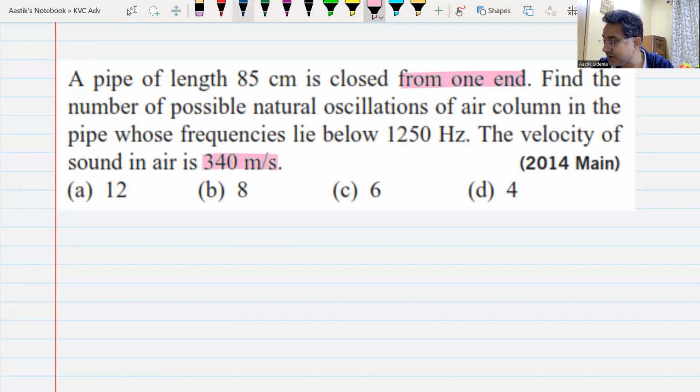Let me write the speed of sound as C rather than V, because that is what I'll be using in the next class. F1 is C, the speed of sound, divided by 4L. Yes or no? How much is that coming?